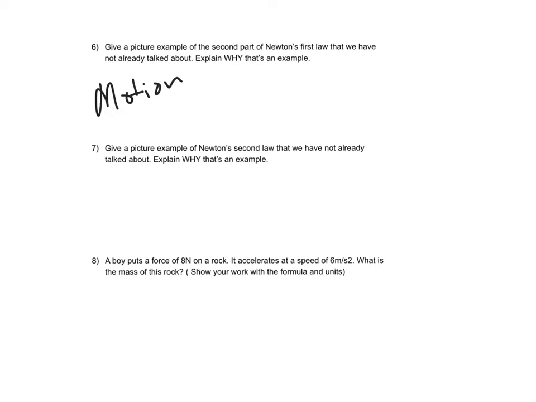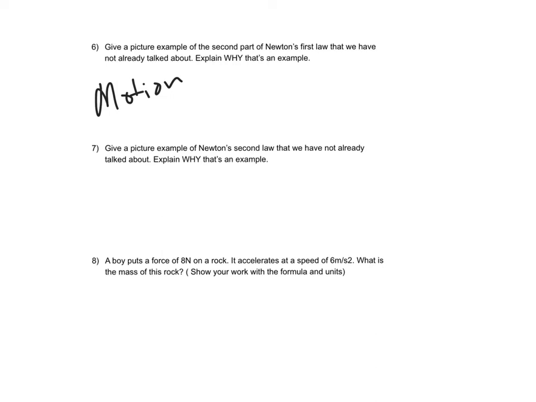Give a picture example of Newton's second law that we have not already talked about. So Newton's second law has the idea with force equals mass times acceleration, that it requires more force to accelerate something with more mass than the other. So you can do a picture of something that has a lot of mass next to something that's light.